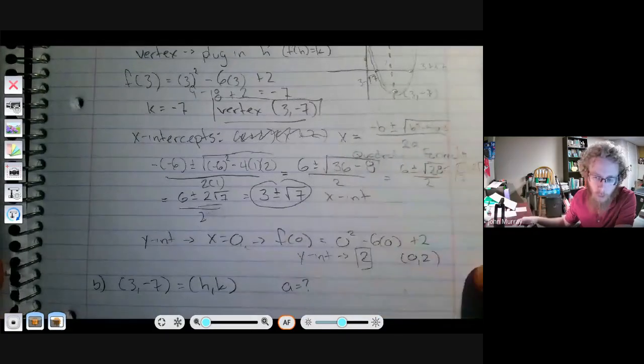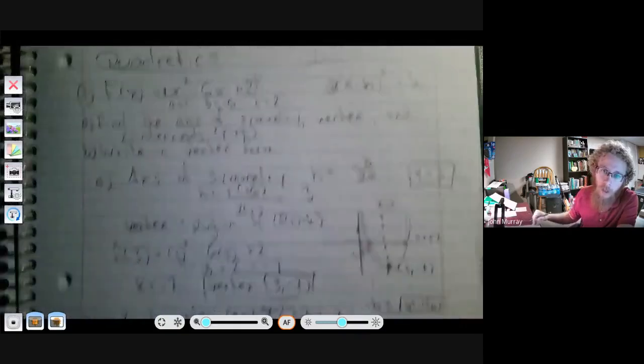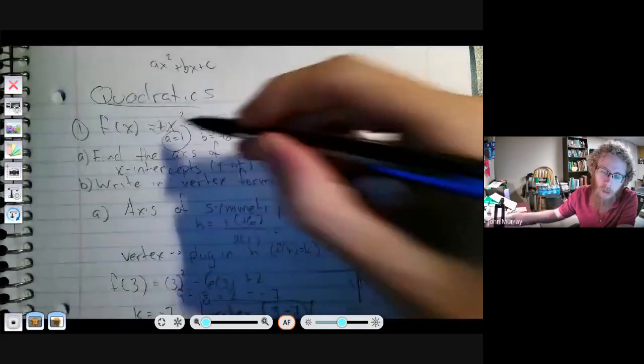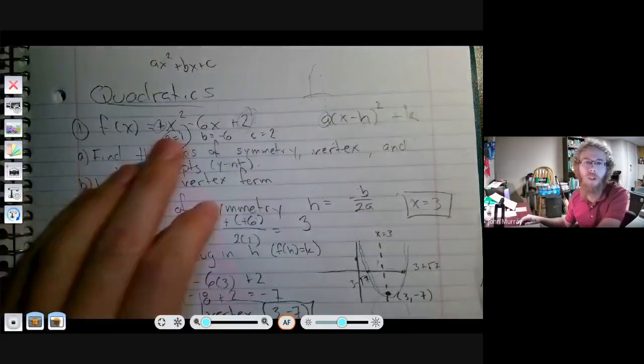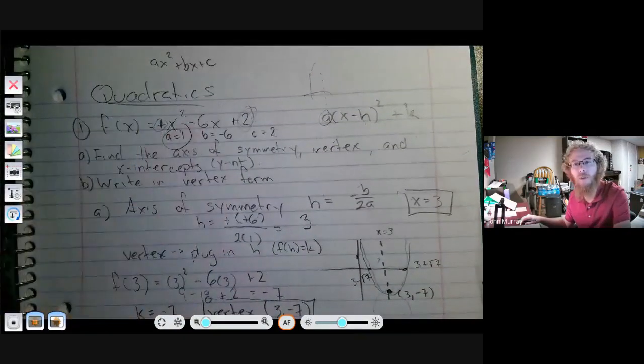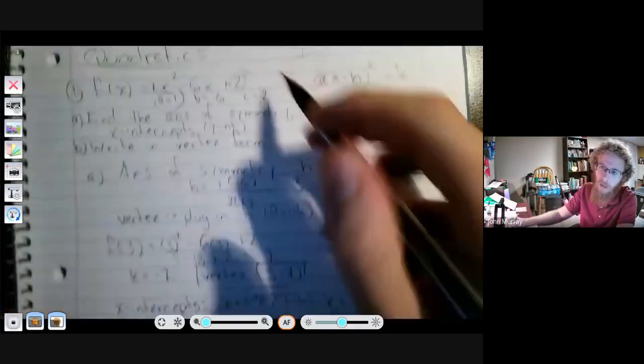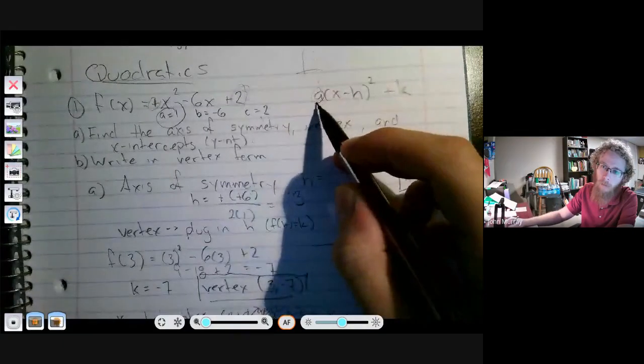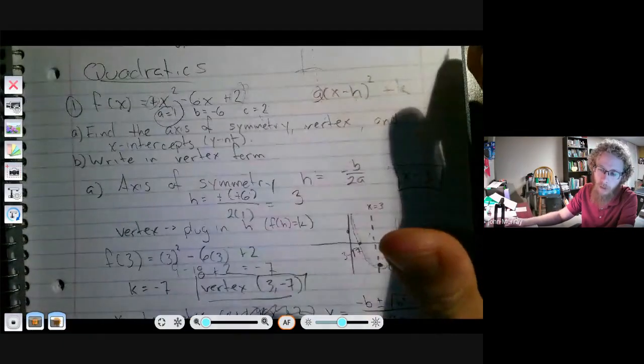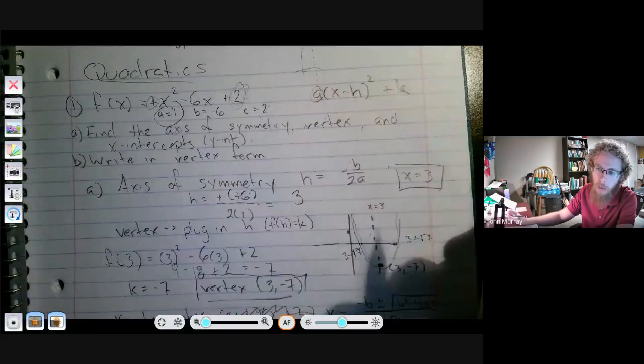If we're doing it this way, your a is already given to you. The a in your standard or your expanded form is the same a in your vertex form. You don't have to do any extra work. Okay, I guarantee that will always be the same.